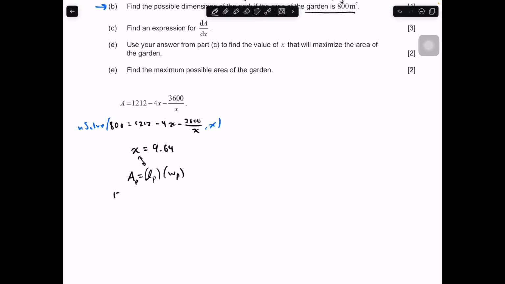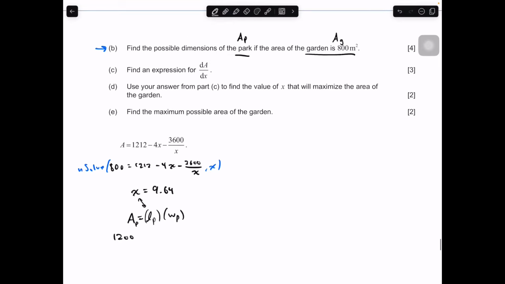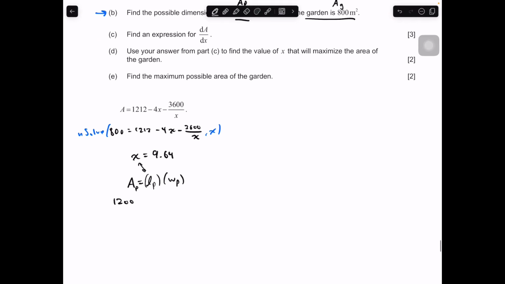And so the area was 1,200. Wait a sec. The area of the garden is 800, right? So the area of the park is 1,200. The length of the park is 9.64. And the width of the park is what we're trying to solve for. Kind of a funny question. To be honest, I think it's almost in terms of juggling these values.